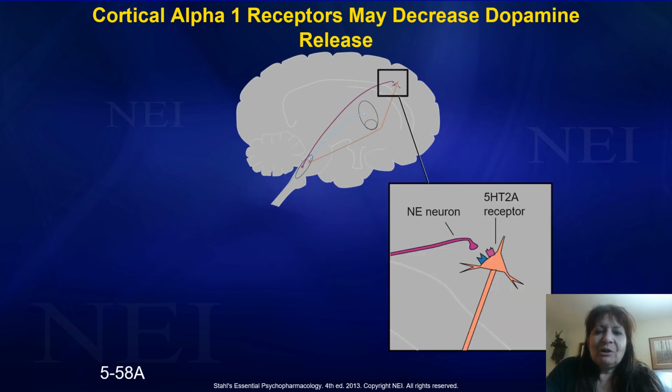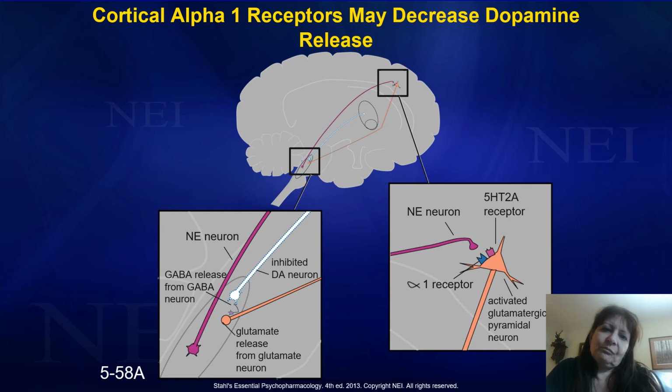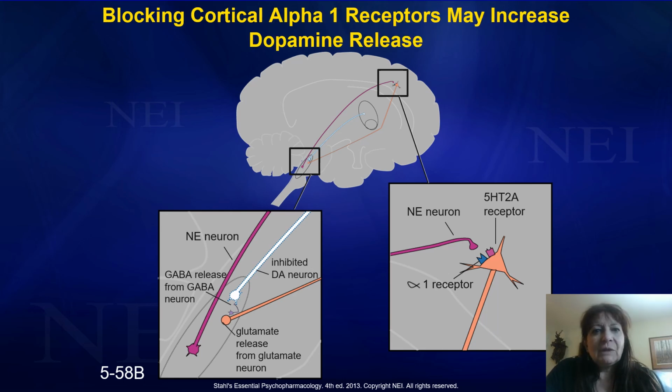There we see the pyramidal neuron. And blocking the cortical alpha-1 receptors may increase the dopamine release.